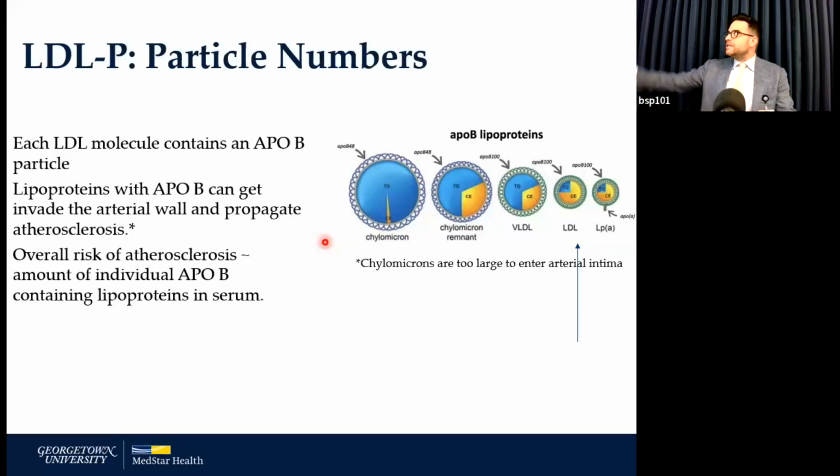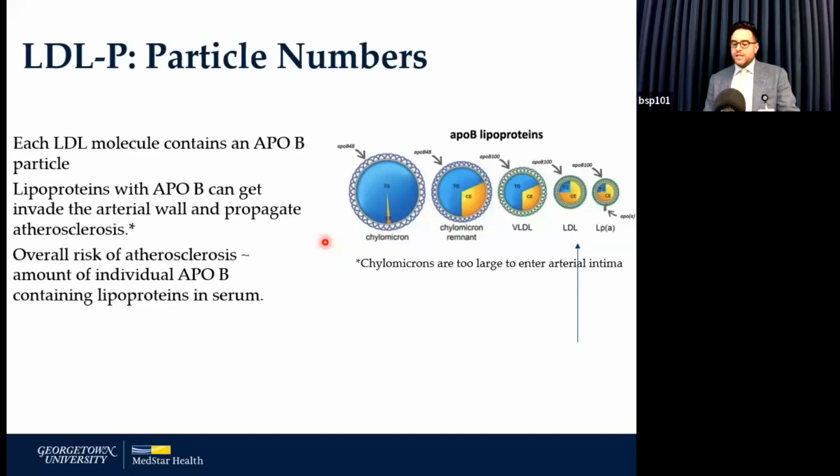They all contribute to atherosclerosis. The only one that doesn't, which has an ApoB, is chylomicrons, and that's just because they're too big to invade the arterial wall. So each particle with an ApoB molecule on it contributes to the overall atherogenic risk. And so your overall risk is really calculated by the amount of individual ApoB containing lipoproteins that you have in the serum, not just LDL.